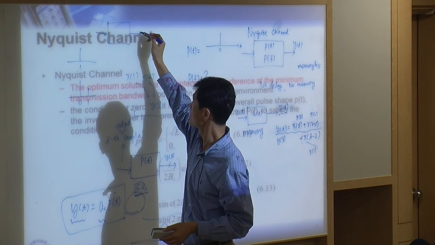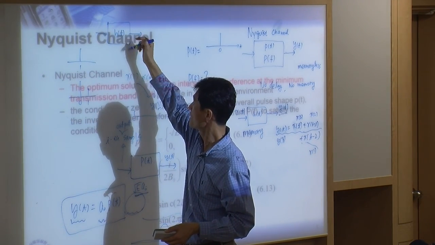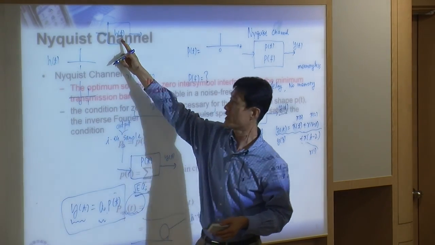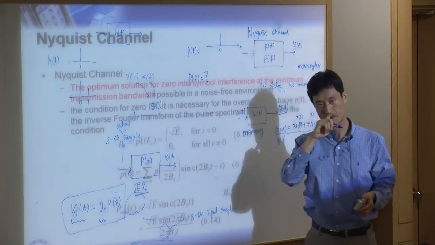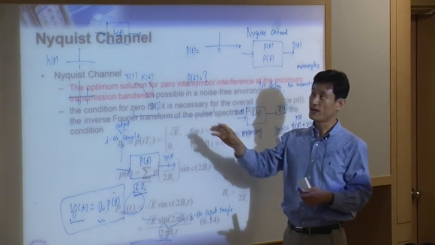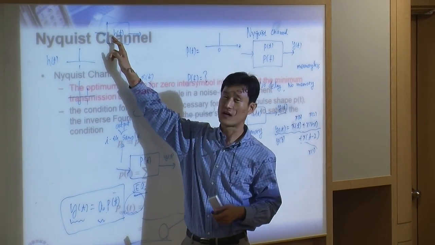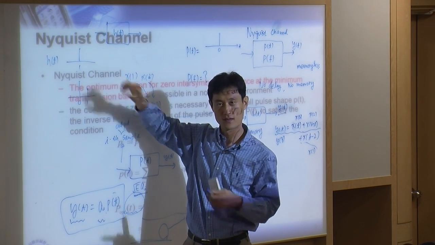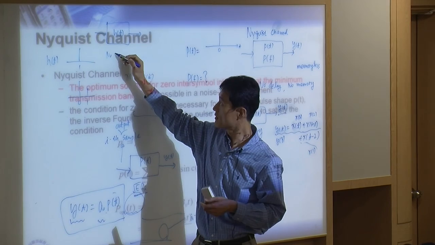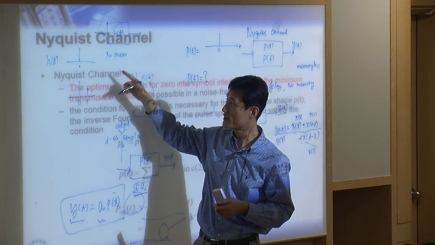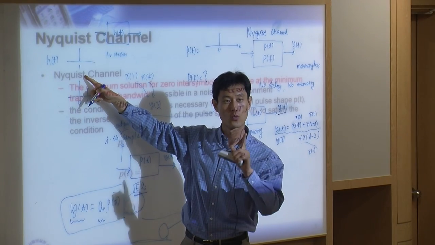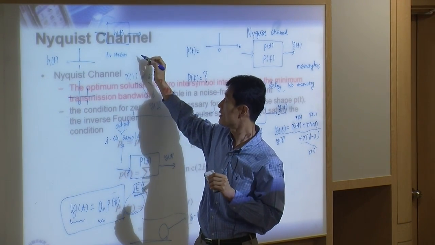This is input, this is output. We have impulse response HT. Let's say our HT looks like this. Then what happened in this block? If you have this impulse response in this block, this one has no memory, but there is a delay. How much delay? 1 delay. There is a delay.